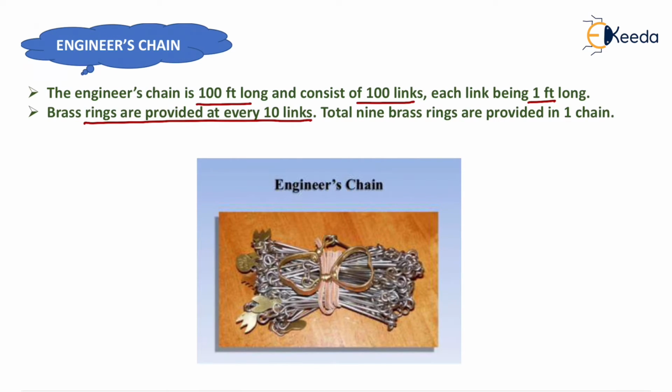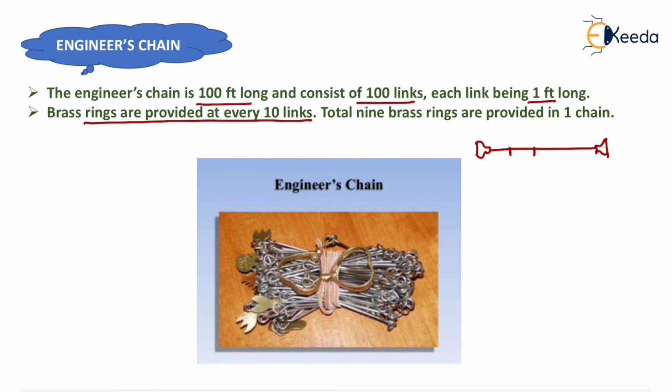You can just quote 10, but it is a wrong answer, because at the starting point and at the end point there will be handles like this. In between these, after first 10 links there will be one brass ring, after 20 links there will be second brass ring.